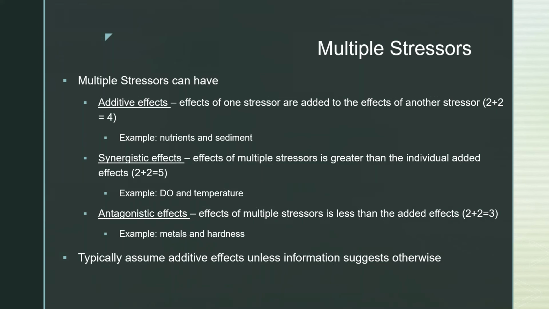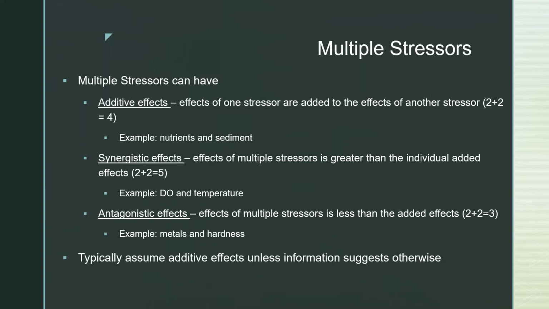The first is additive effects. And that's where, think of it as 2 + 2 = 4. Okay, the effect of one stressor is added to the effect of another stressor, and that makes the problem worse. Nutrients and sediment kind of operate in this way. Okay, if you've got a nutrient issue, and then on top of it you have a sediment issue, your conditions are probably going to be worse than if you just had one or the other.